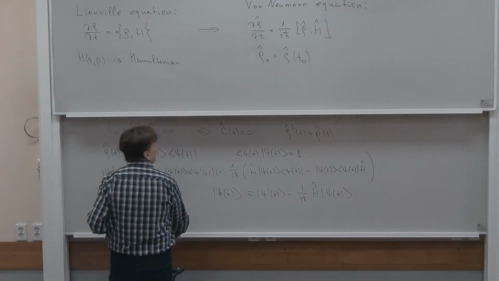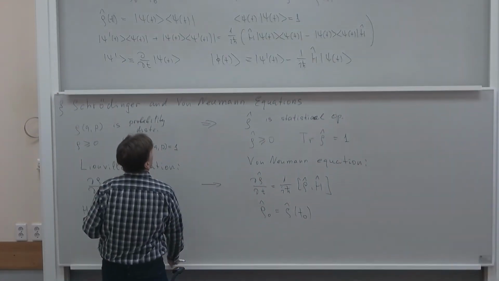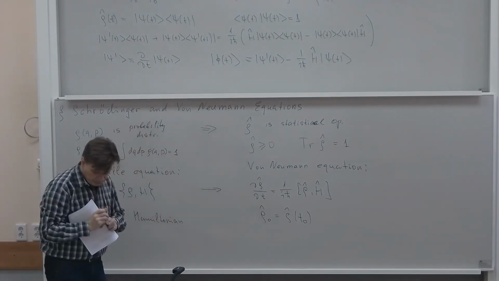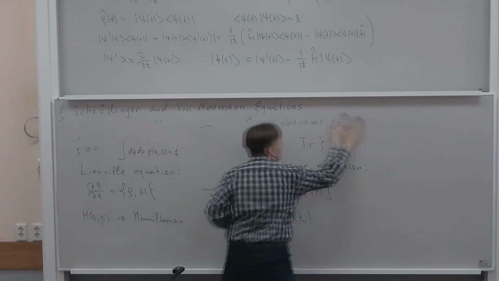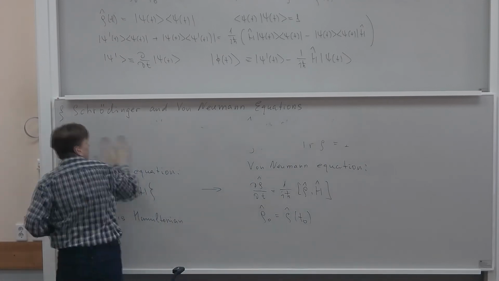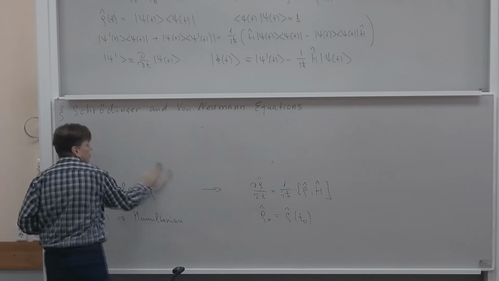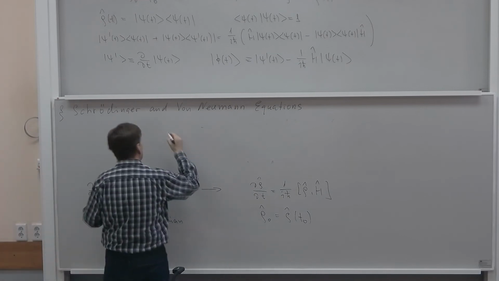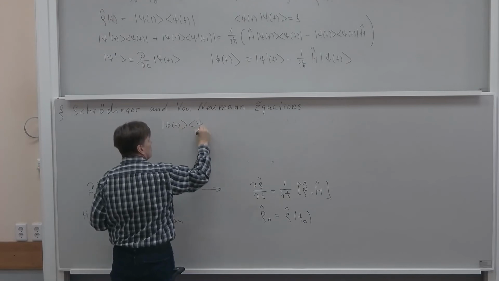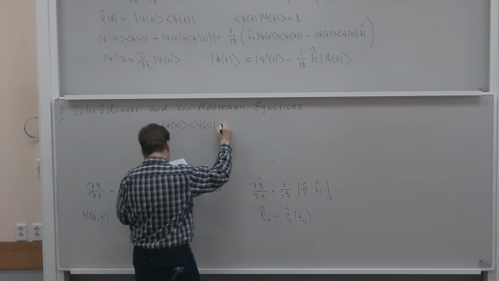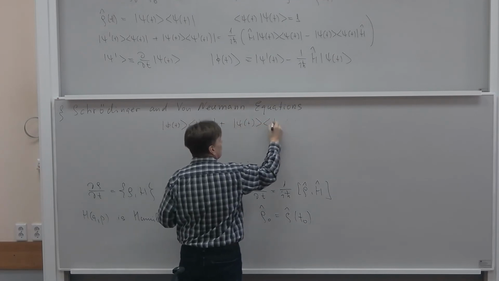Then in terms of this vector phi, my equation takes this form: ket phi of t bra psi of t plus ket psi of t bra phi of t.